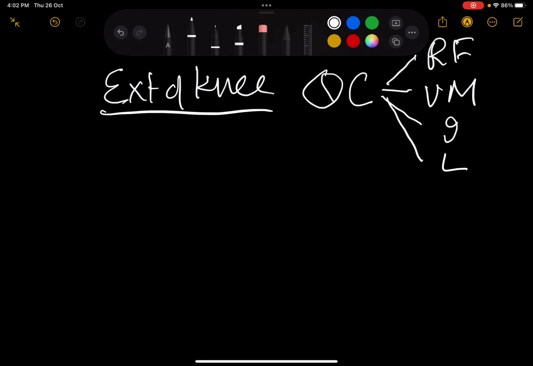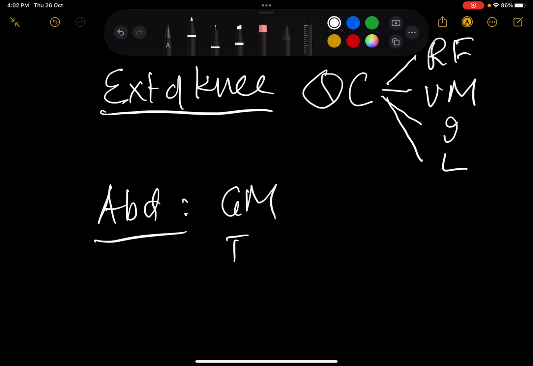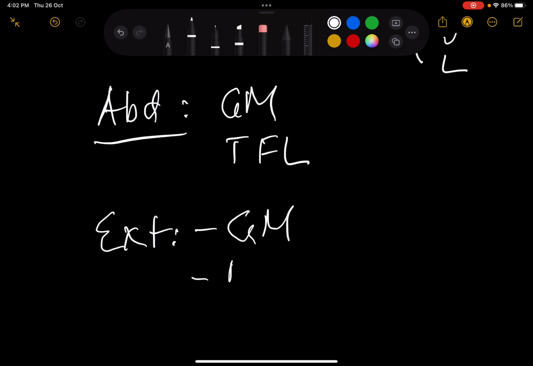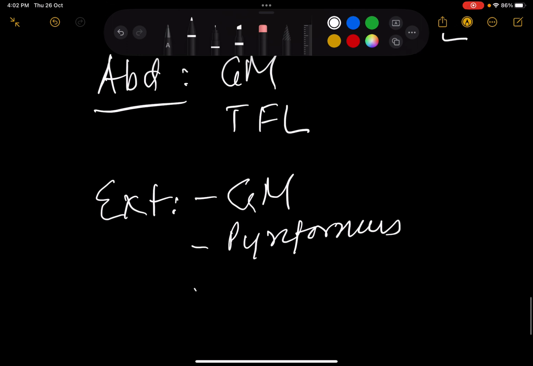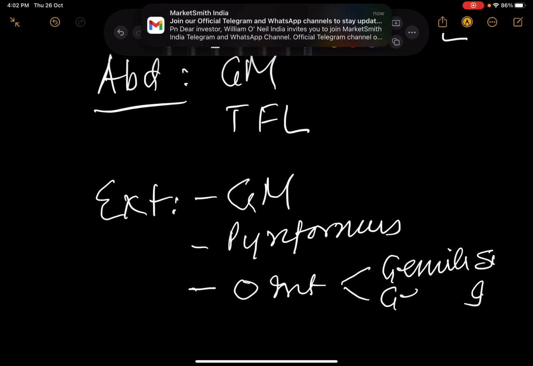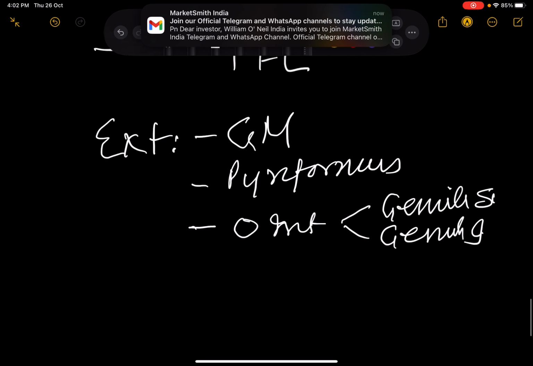Then abductors were gluteus medius and tensor fascia lata. The extensors were gluteus maximus, under which you can see the piriformis, then the obturator internus with two gemelli, superior and inferior, which forms the triflagellate tendon.